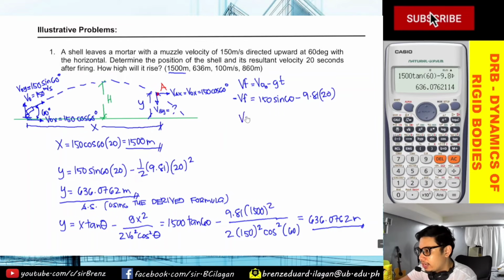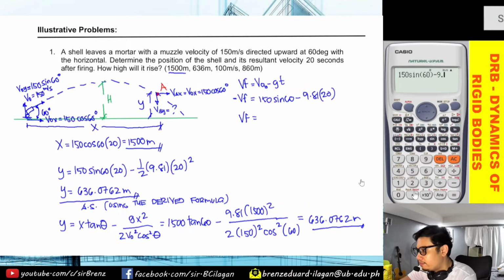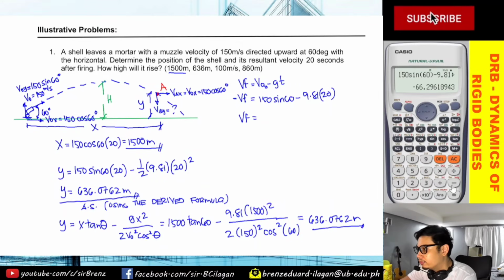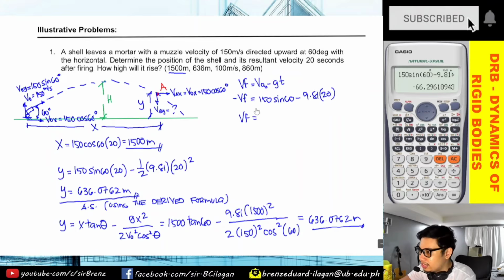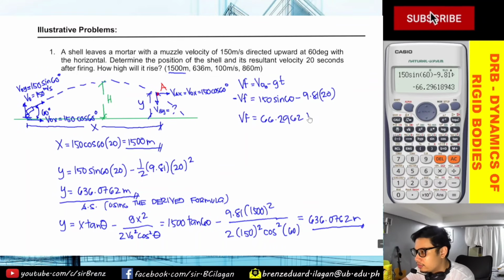Okay, so what's the final velocity? So, that is 150 sine 60 minus 9.81 times 20. So, that is negative 66.29. Kasi pababa nga natin siya. That is in meter per second.